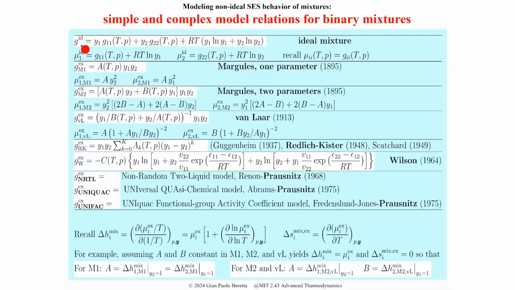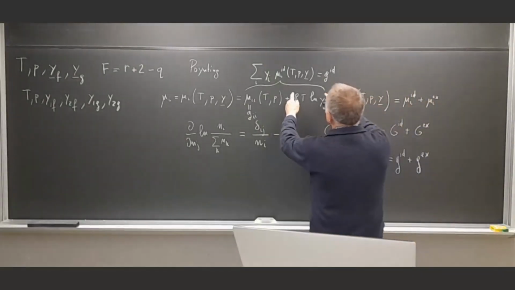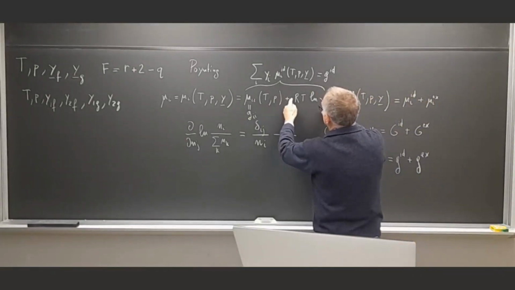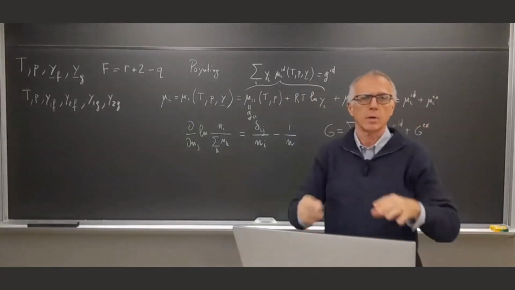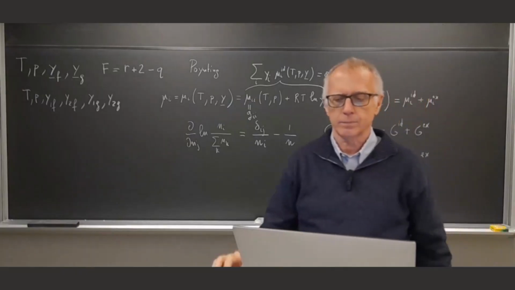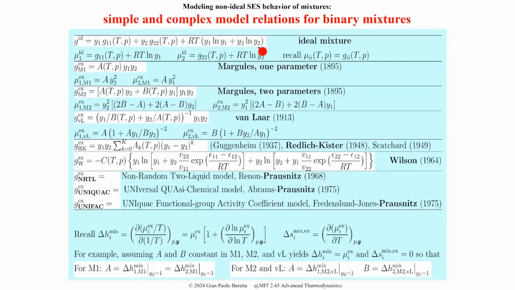And that is this plus this, because in this case, binary mixture, the sum is just limited to two components. Okay, and then I have this other summation that is here. It's RT times the sum of y log y. That's the entropy of mixing, isothermobaric mixing. Okay, so that's the GID. And these are the ideal chemical potentials. And then we recall that.